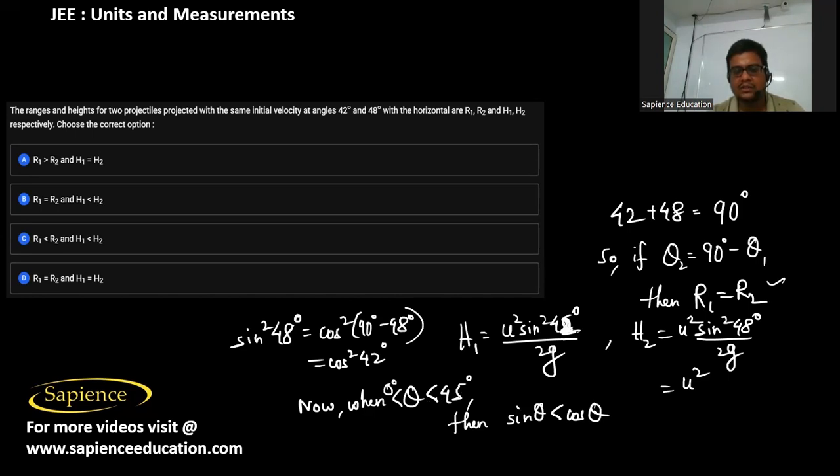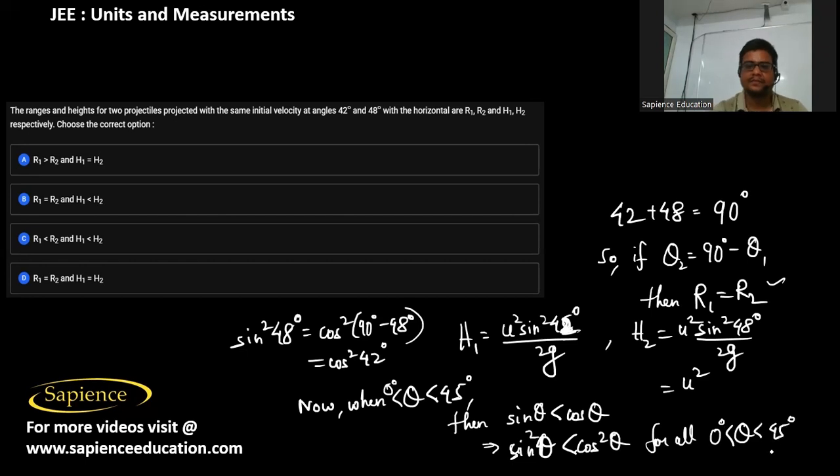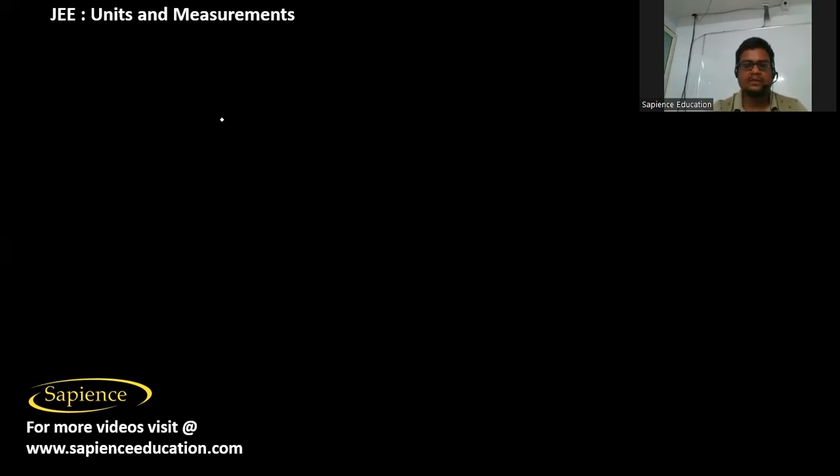So cos 30 is more than sine 30. So sine theta is less than cos theta. So I can also say sine square theta will be less than cos square theta for all angles of theta from 0° to 45°. So therefore sine square 42° is obviously less than cos square 42°.